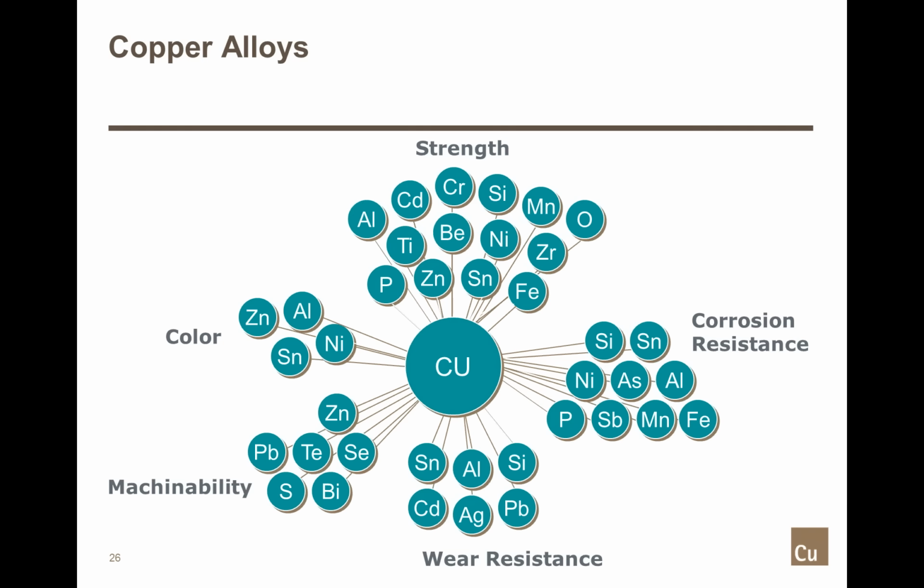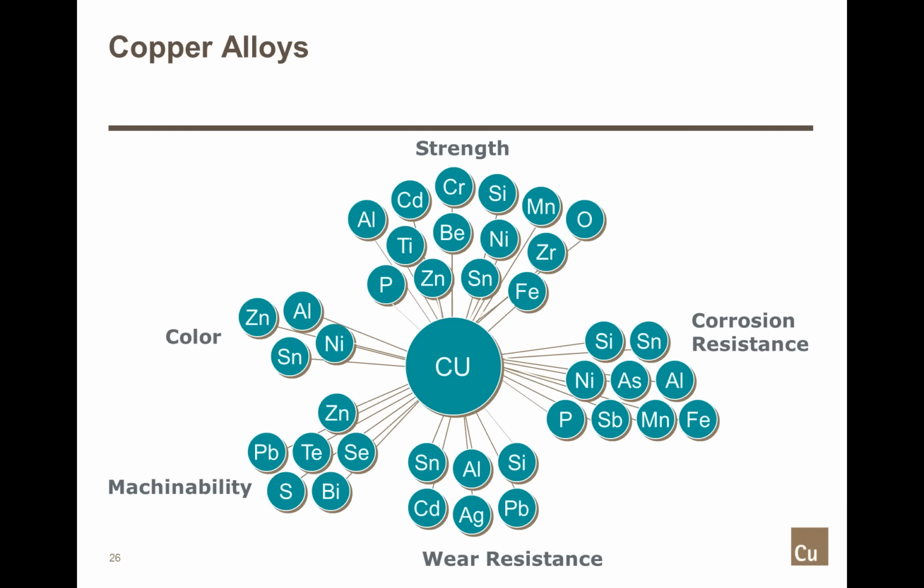The more zinc you add, it changes from a reddish, copperish color to a golden color or yellow. If you add nickel to copper, it can change from a copper color to a pinkish color to a golden color to a white alloy or silver colored alloy.